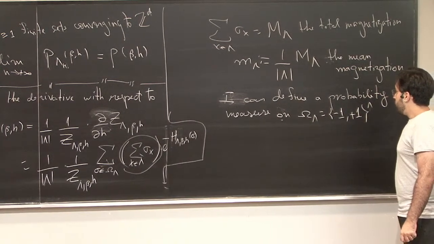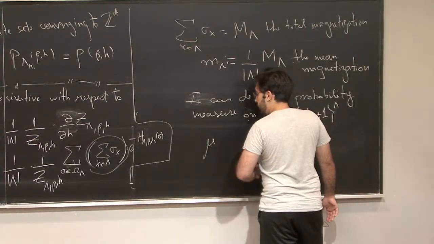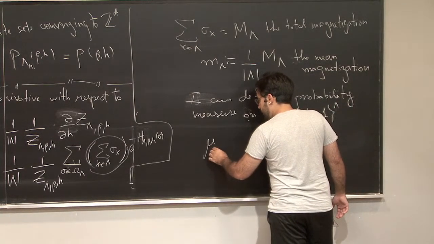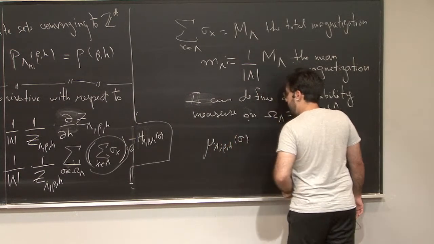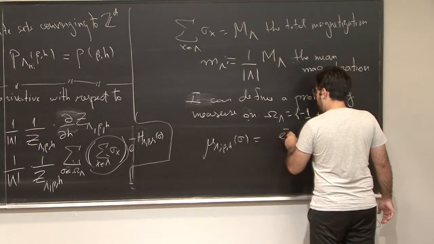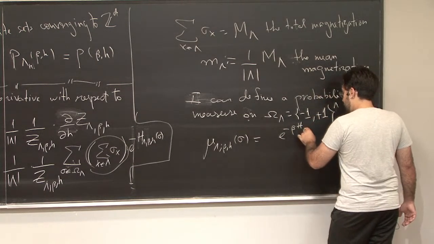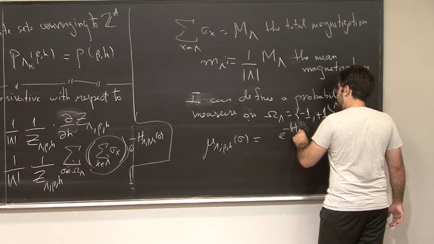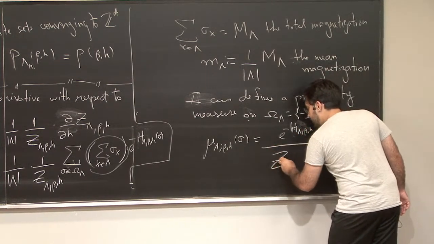And so I can define a probability measure by just giving the probability of each one of the configurations. So if I define this probability measure here, the probability of a configuration should be the exponential of minus beta h lambda, oh, there is no beta here, sorry, h lambda beta h here, divided by the partition function.